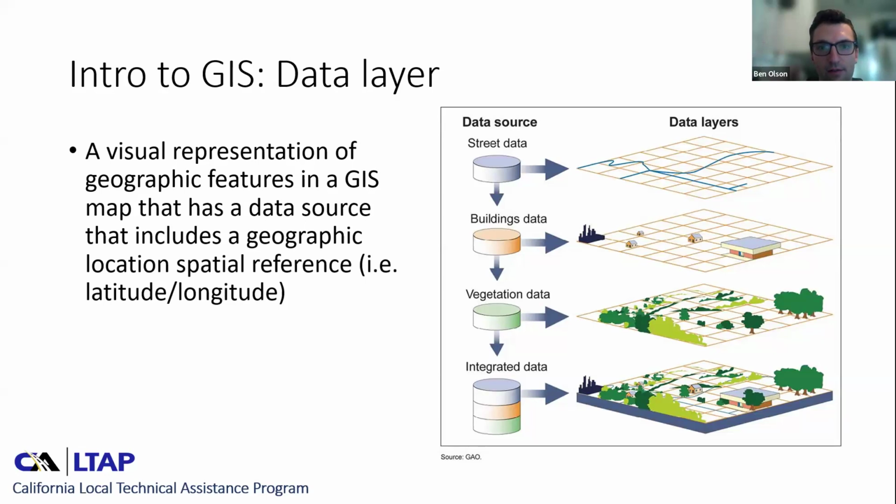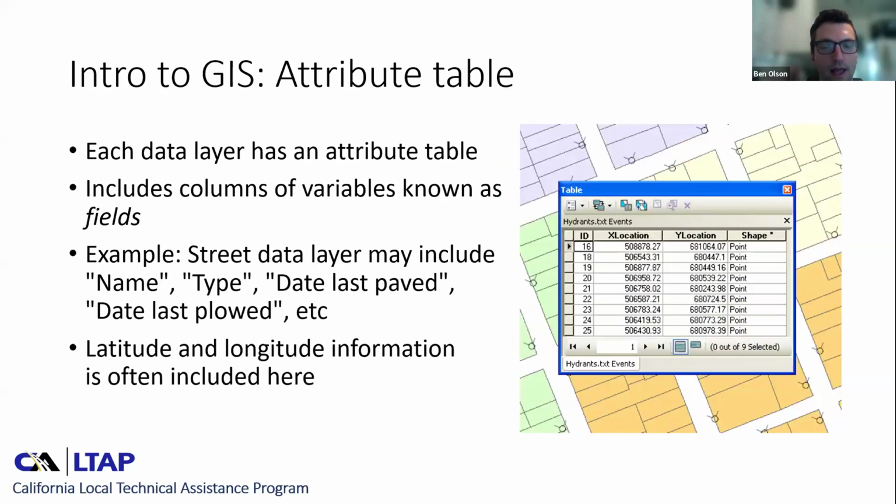Data layers have a visual component and then what's called an attribute table. The attribute table just contains additional information that has more to do than just with the visual location of where things are.